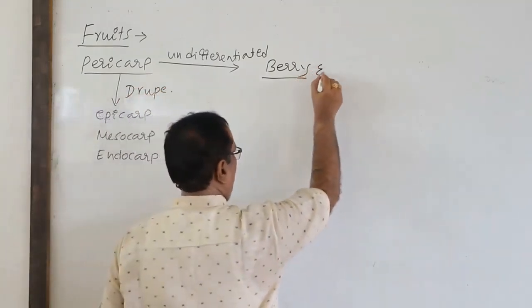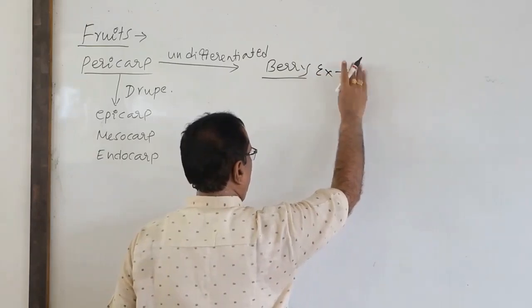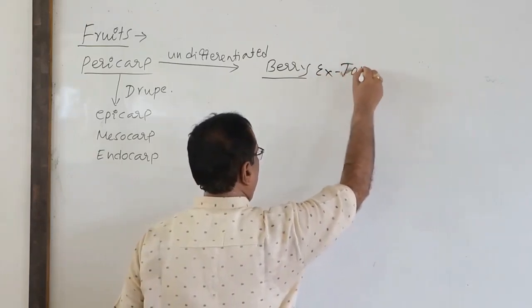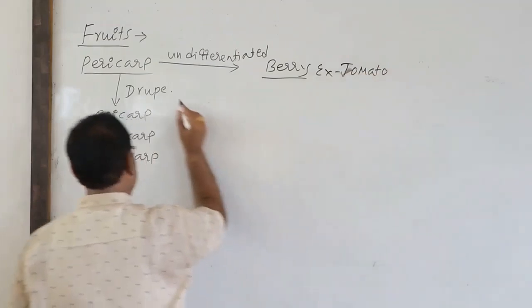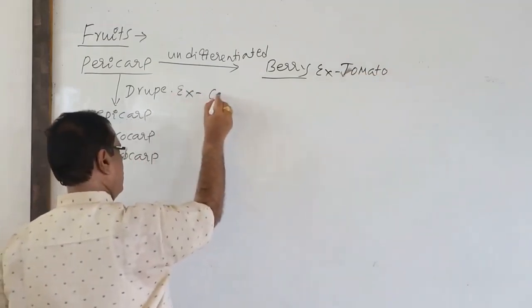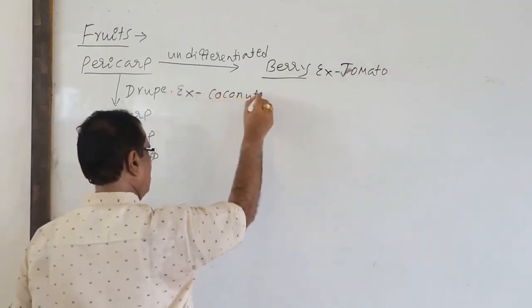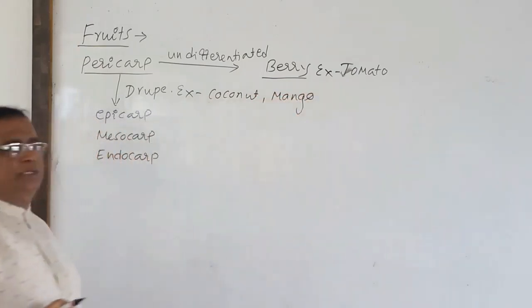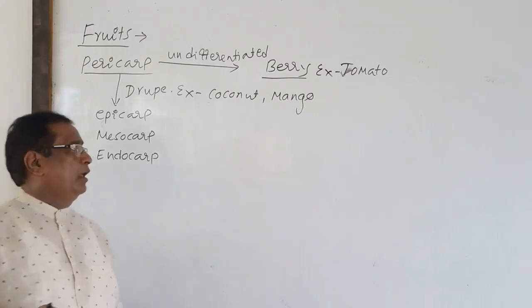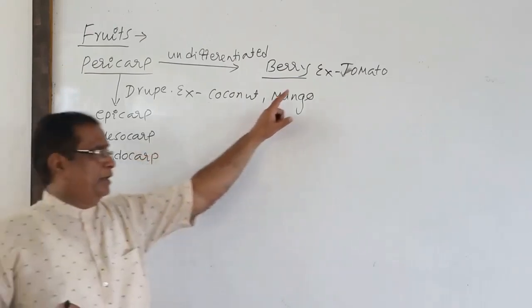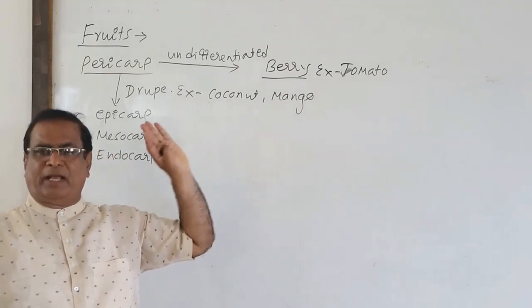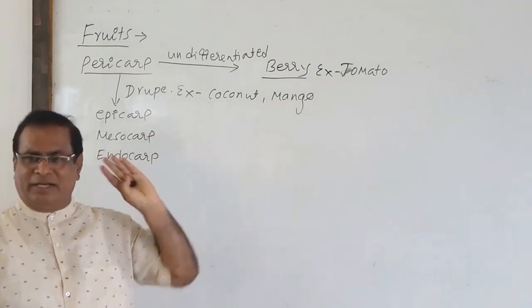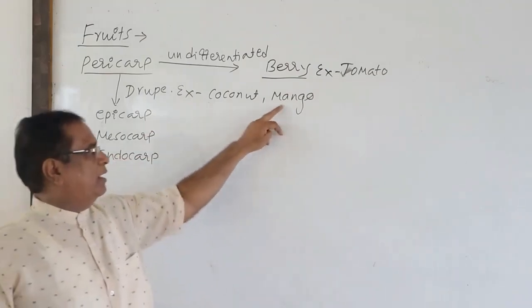An example for berry is tomato. Examples for drupe are coconut and mango. In tomato, the total pericarp is edible and undifferentiated.